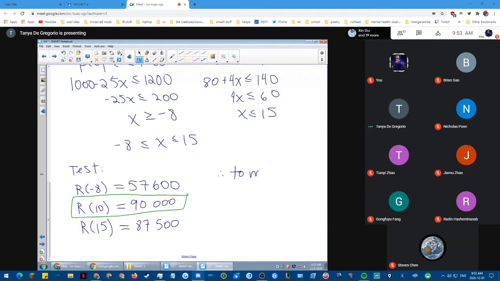Therefore, to maximize revenue, the price should be $120.